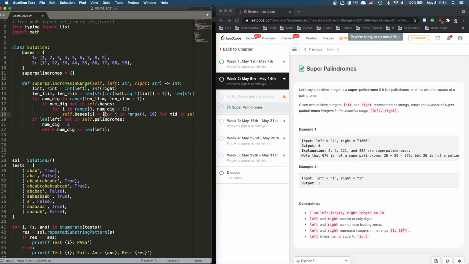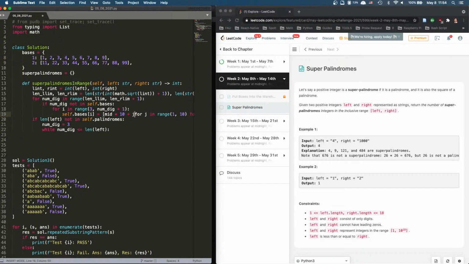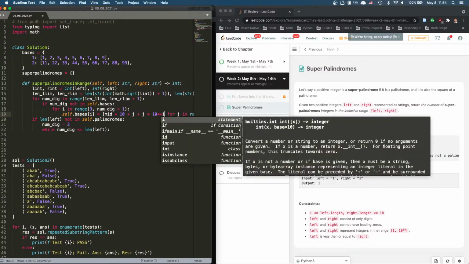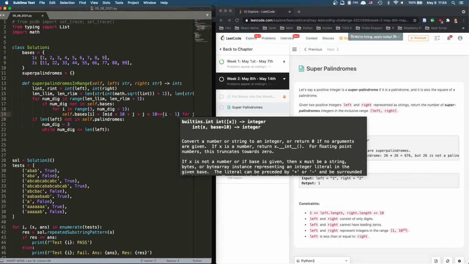It is going to be mid times 10 plus j times 10 to the what power? 10 to the ith power, because of the 3, no, it's going to be i minus 1 power, because if it's 3, we want j times 100, so it's the second power.